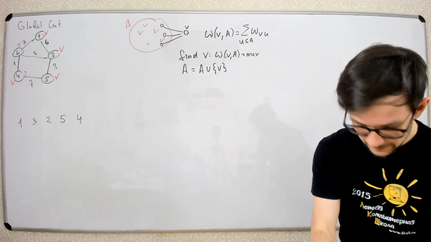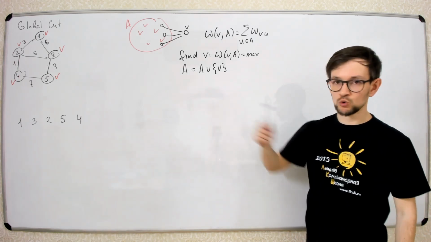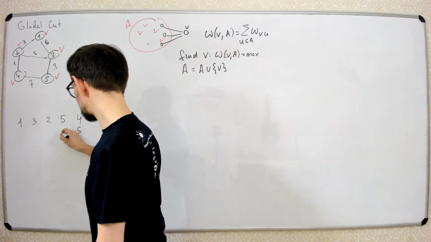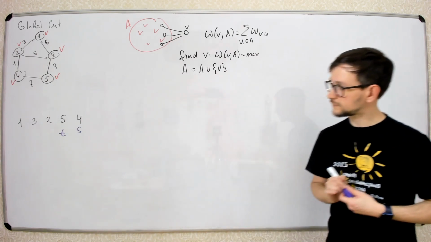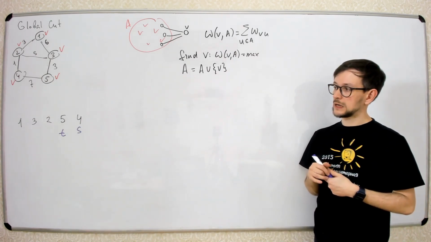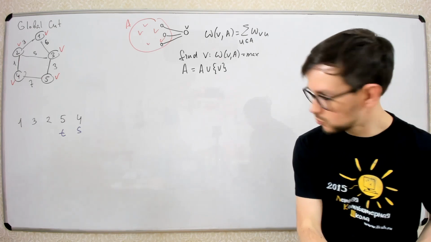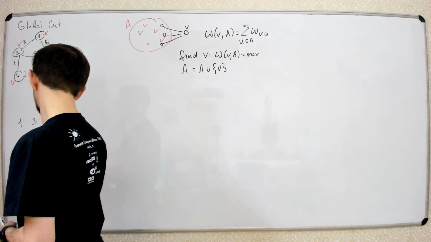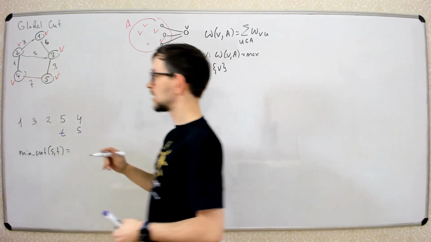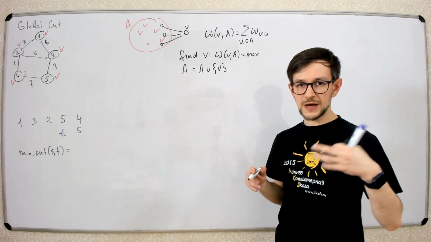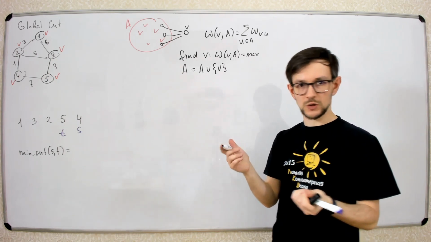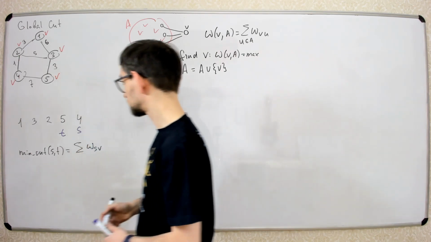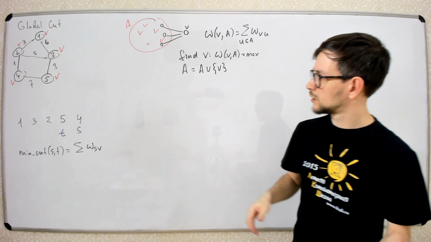The magic works like this. Let's pick the two last nodes in this order. So let's say this node is S, this node is T. Now I claim that the minimal cut between S and T is equal to the sum of all the edges connected to S. Again, let's see it here.